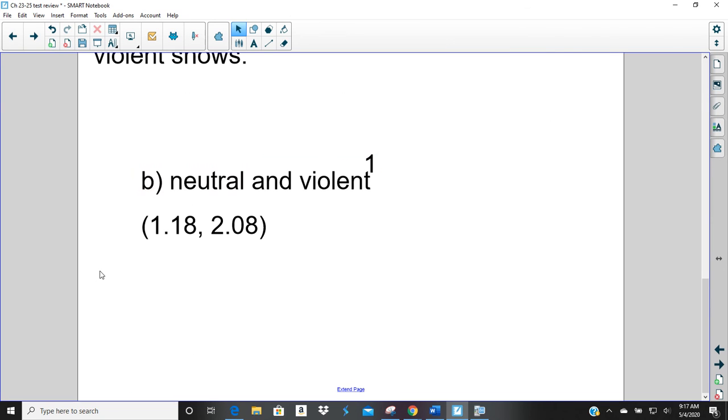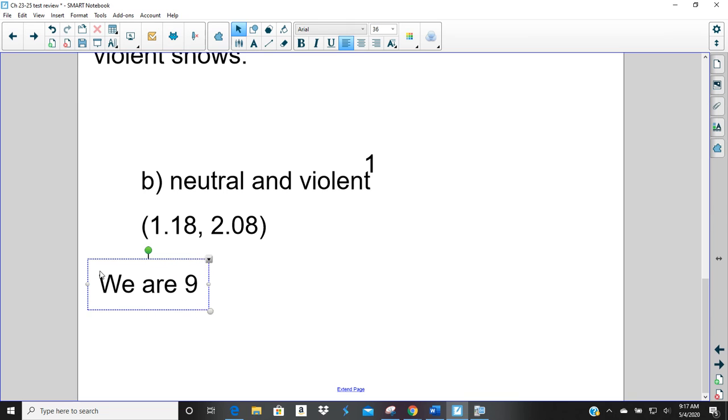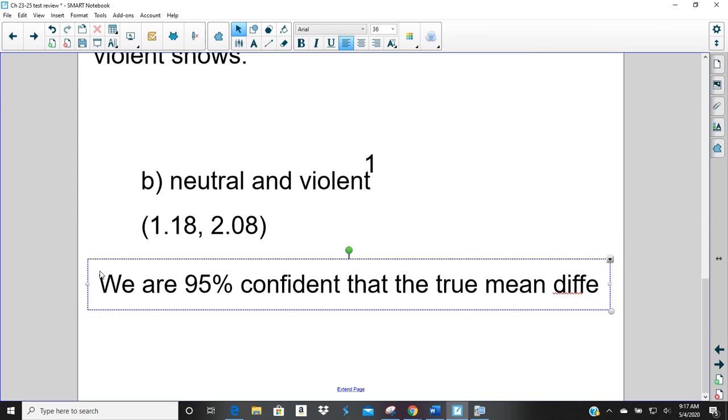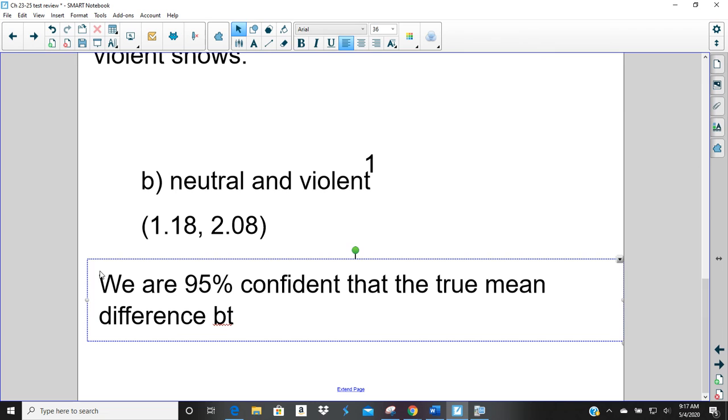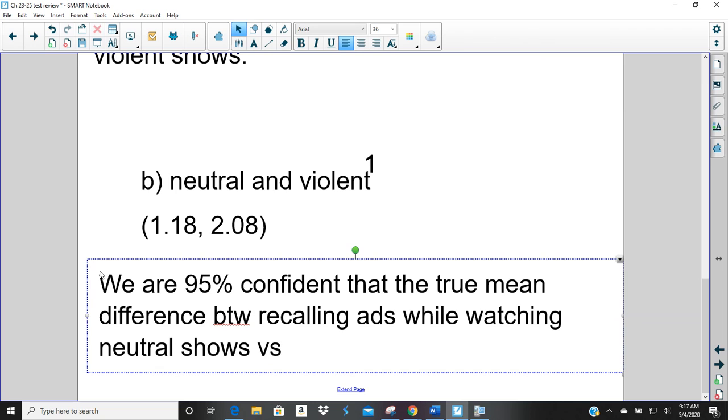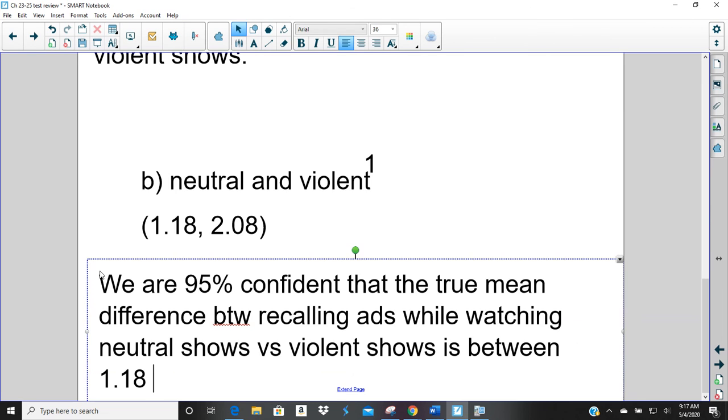We're going to say we are 95% confident that the true mean difference between recalling neutral ads while watching neutral shows versus violent shows is between 1.18 and 2.08 for ads recalled.